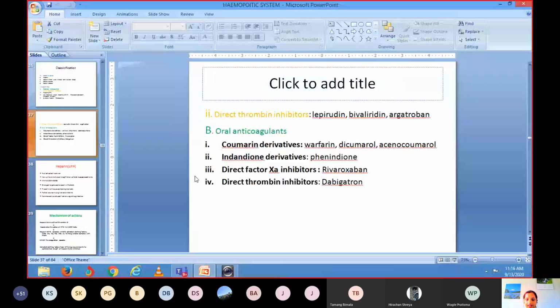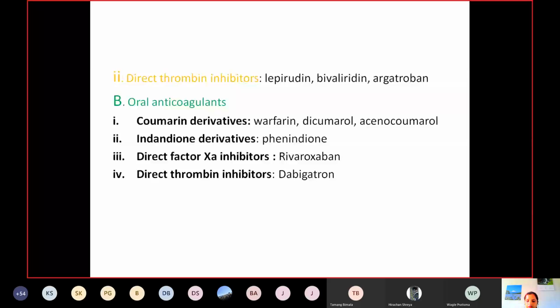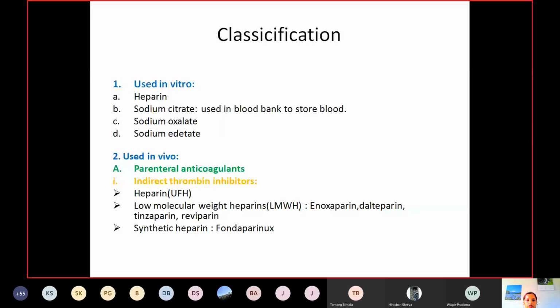How will you classify anticoagulant drugs? First, you can classify on the basis of either it can be used in vitro or in vivo. So in vitro, we have different drugs: heparin, sodium citrate, sodium oxalate, sodium EDTA, and those drugs which can be used in vivo.